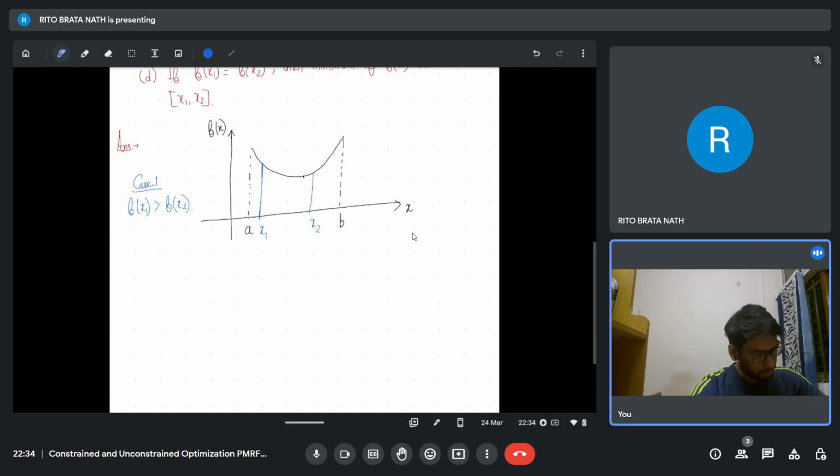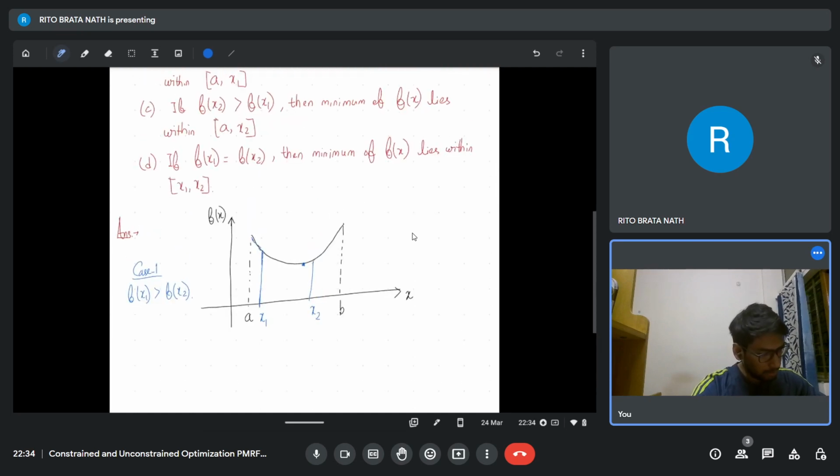As you can notice, this is your minimum point. Within this region you know that this is decreasing, and after that you'll have something which is also decreasing.